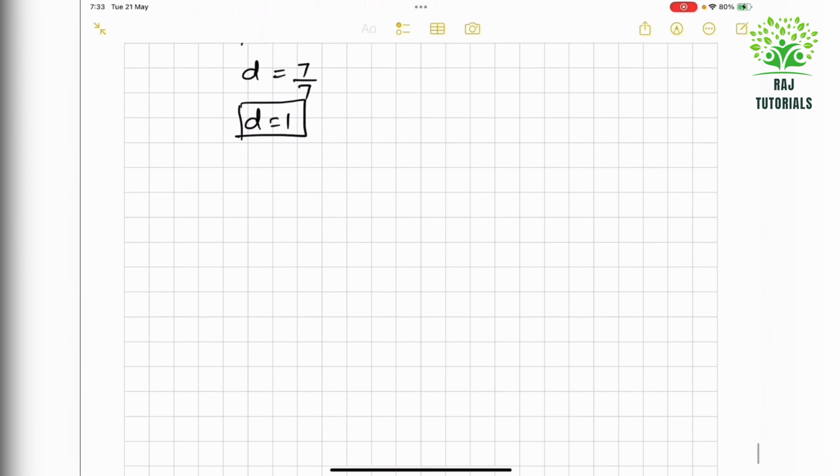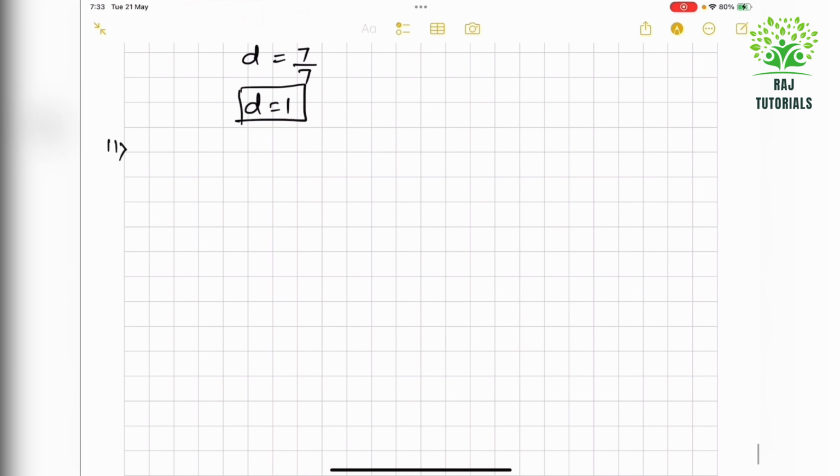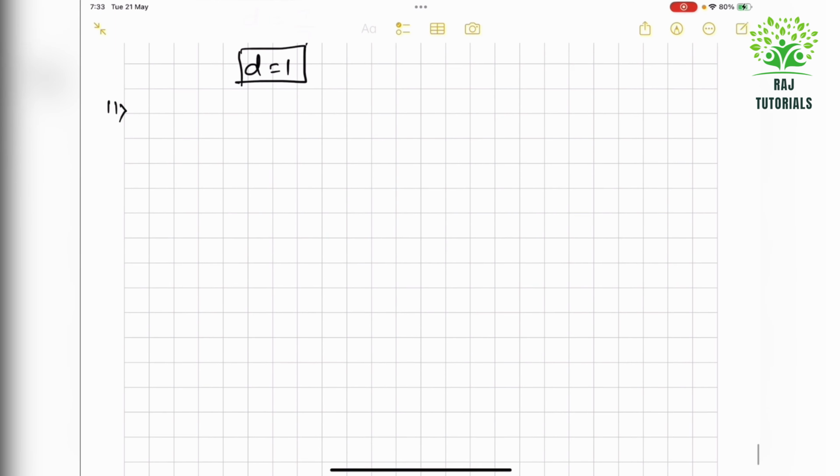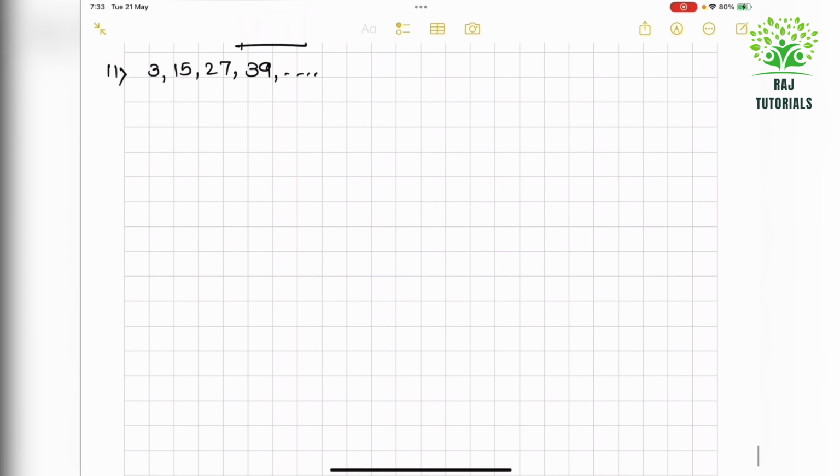Now the 11th sum is, he has given us which term of the AP 3, 15, 27, 39 will be 132 more than the 54th term. So I need to find the 132 more than 54th term. So A54. So here see, I can say A is 3, D is 15 minus 3, that is 12.